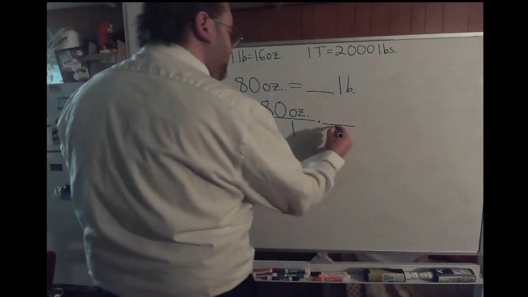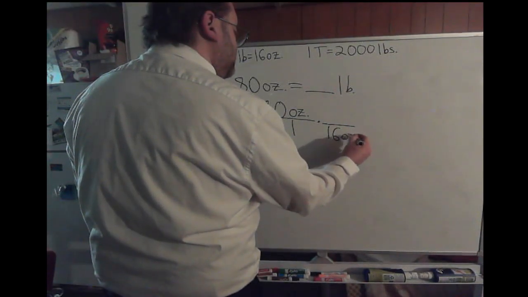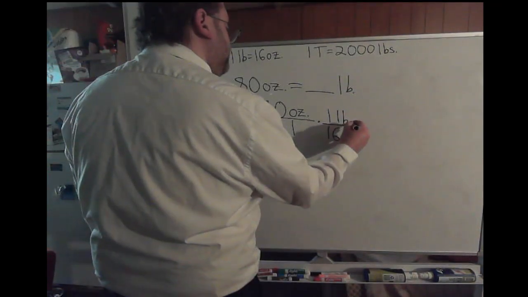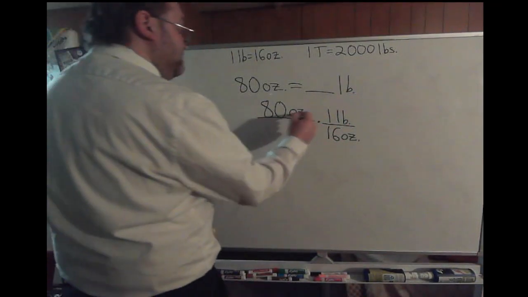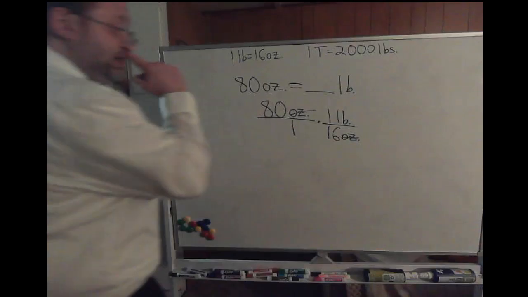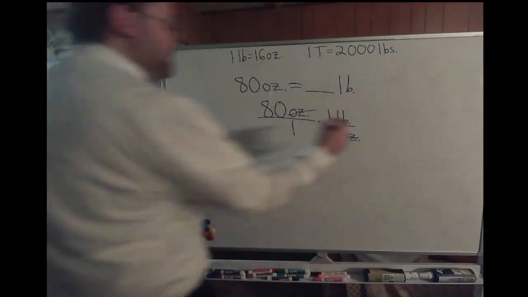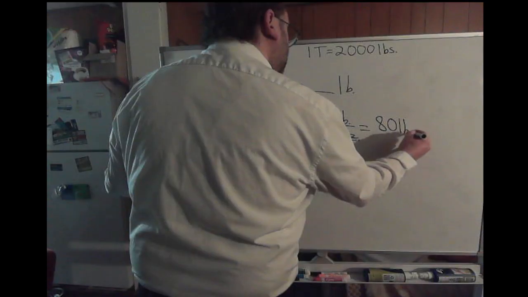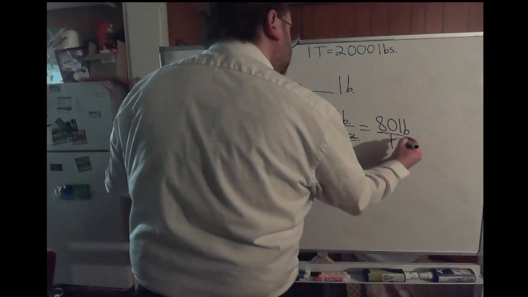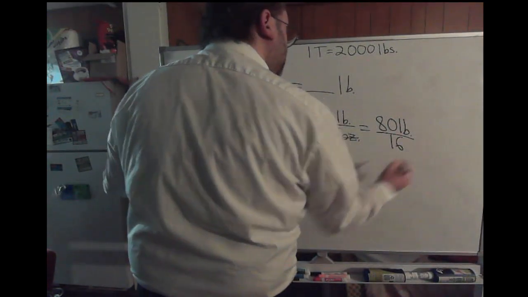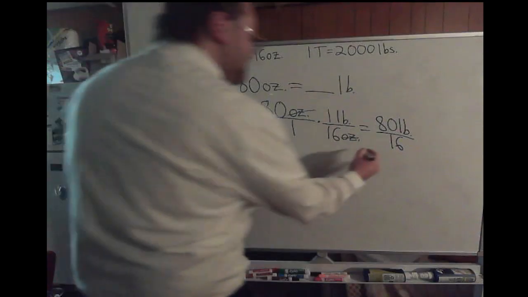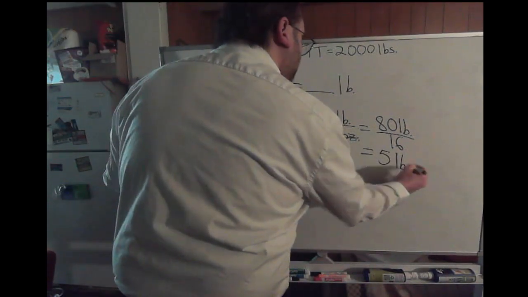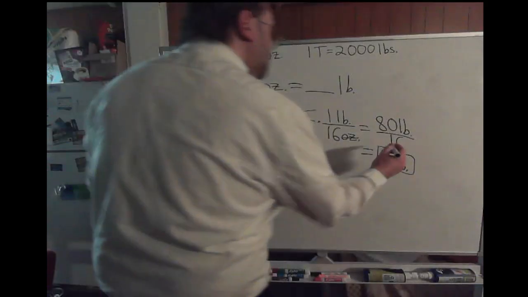Well, we can use the fact that there are 16 ounces in 1 pound. Well, now your ounces will cancel out. What you're going to be left with really is 80 pounds over 16. Well, 80 divided by 16, that's going to be 5. So in 80 ounces, there are 5 pounds.